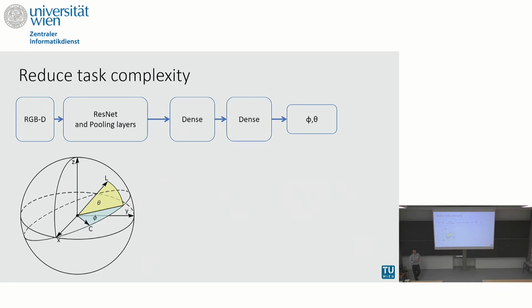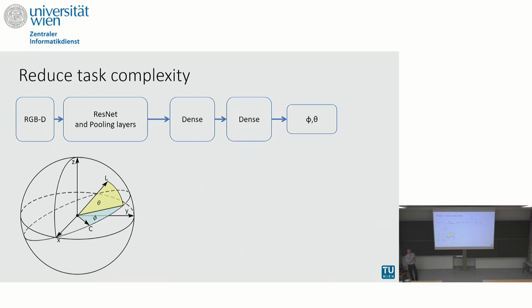And that helped a lot because now the network did not need to calculate any relation between the camera orientation and the world space, but could directly estimate only the two angles, theta and phi, with respect to the camera. So these were relative light direction angles, relative to the camera orientation. And then knowing the camera orientation, we could also calculate the global direction of the light. So this was a simple network which worked at the end very well.